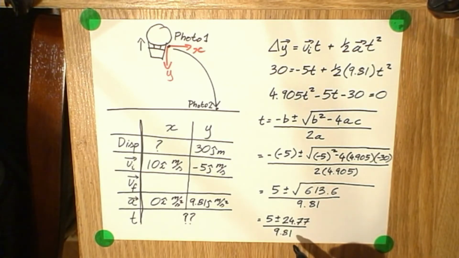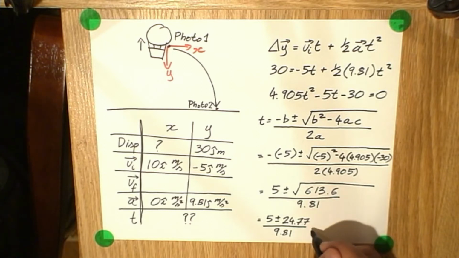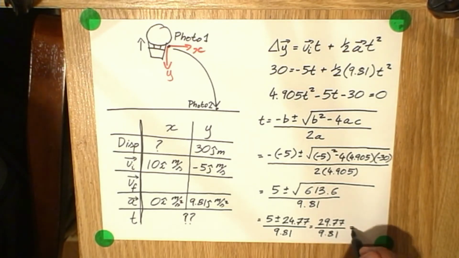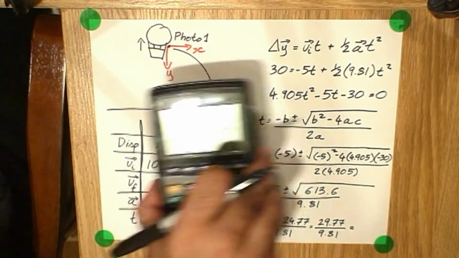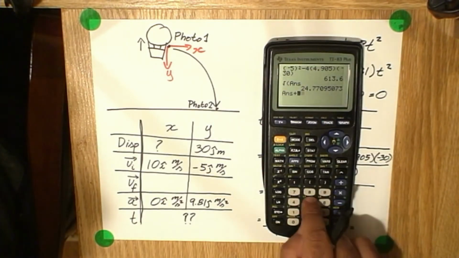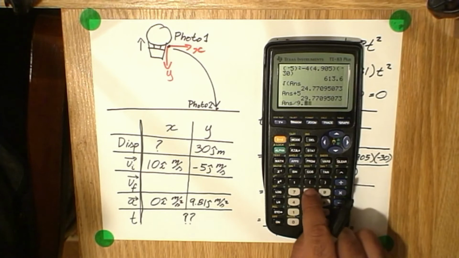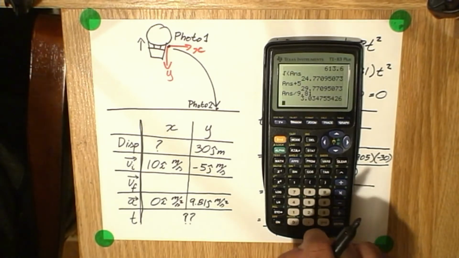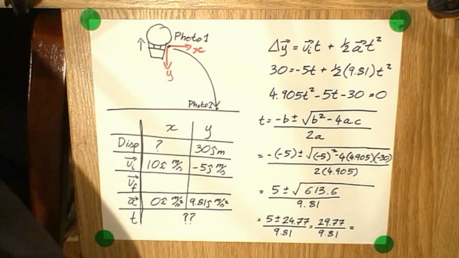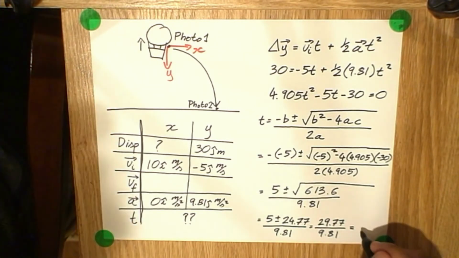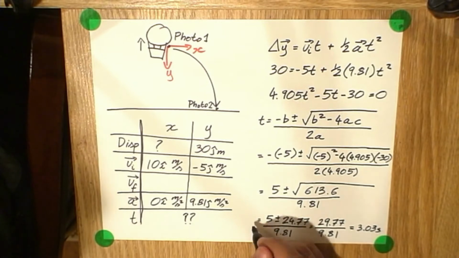So I'll only take a look at the positive one. So 5 plus 24.77 is equal to 29.77. That gets divided by 9.81. So the time is 3.03 seconds.